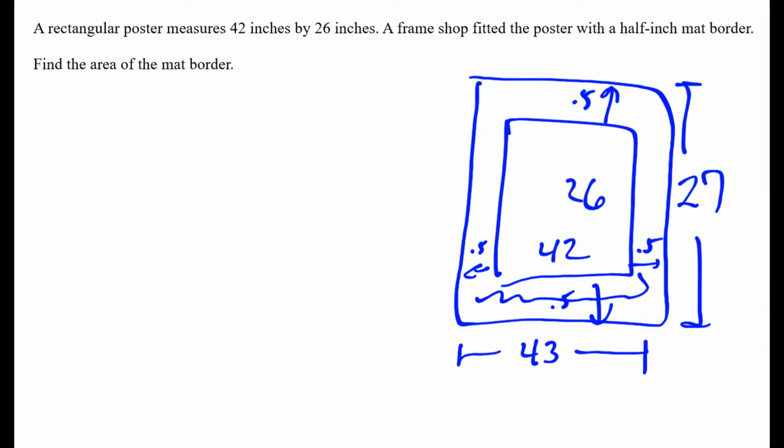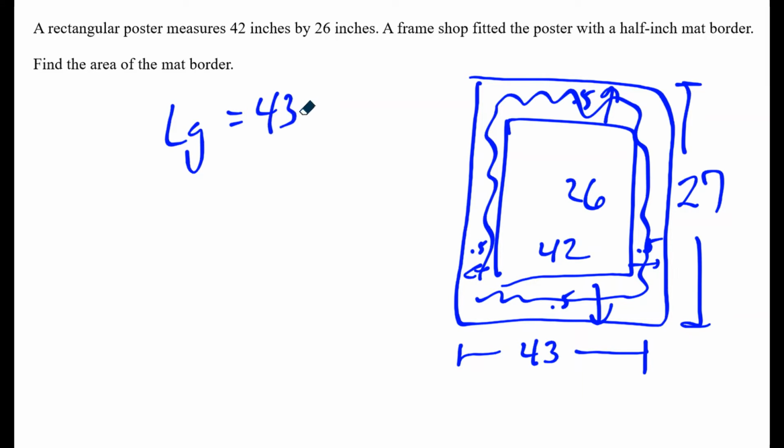To find the area of the matting going all the way around this, what we're going to do is take the area of the large rectangle and subtract the area of the small rectangle. So our large rectangle would be 43 times 27. Our small one is 42 times 26.